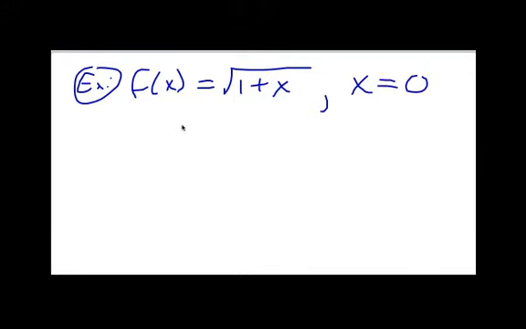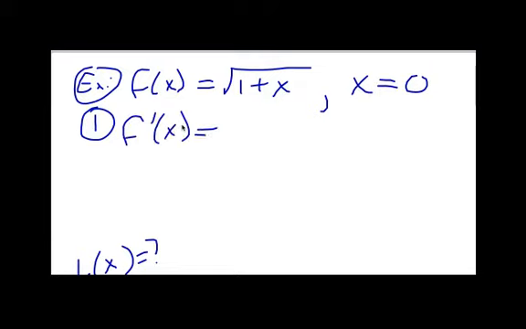So what we're really looking for here is L of x. To do that, I first have to take the derivative. So find f prime of x, and that is going to be 1/2 times 1 plus x raised to the negative 1/2.